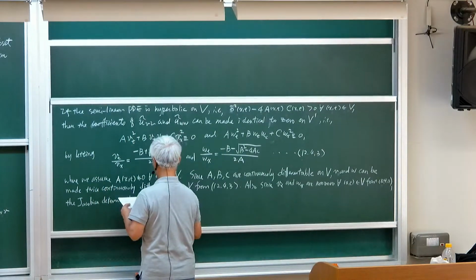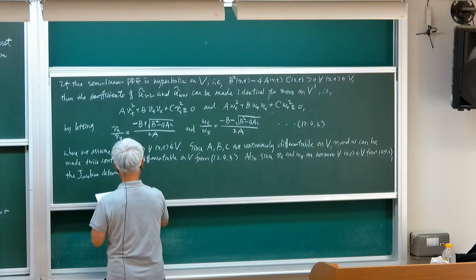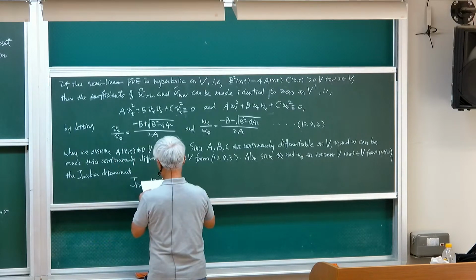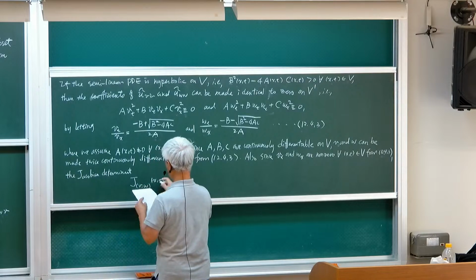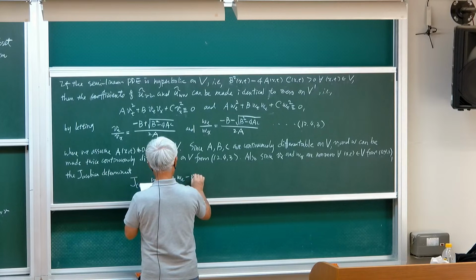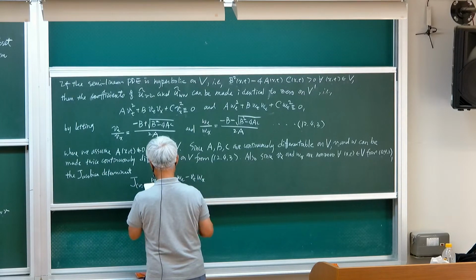Okay. So now we see the Jacobian of V, W with respect to x, t. As we know, this is Vx Wt minus Vt Wx.